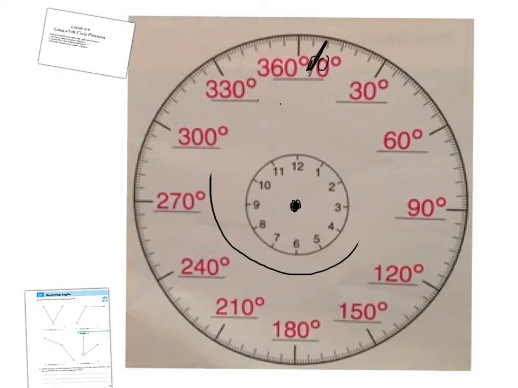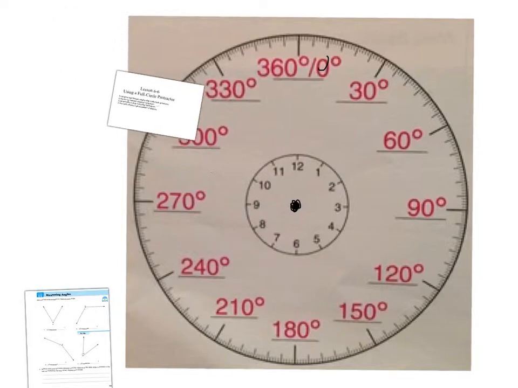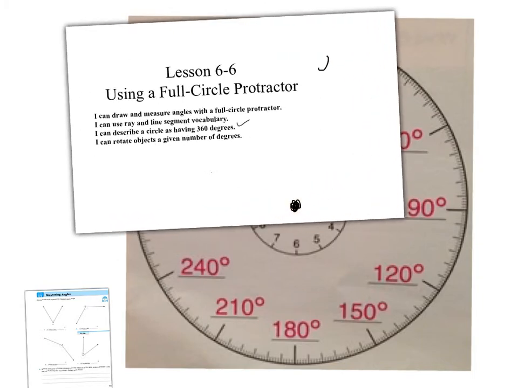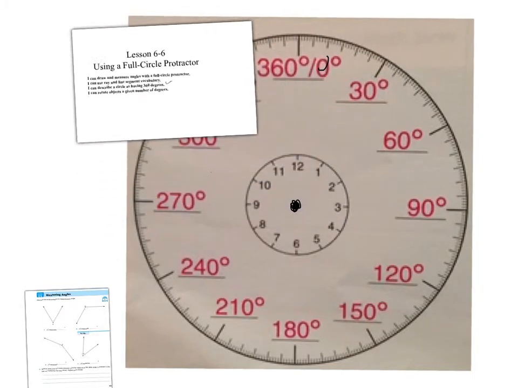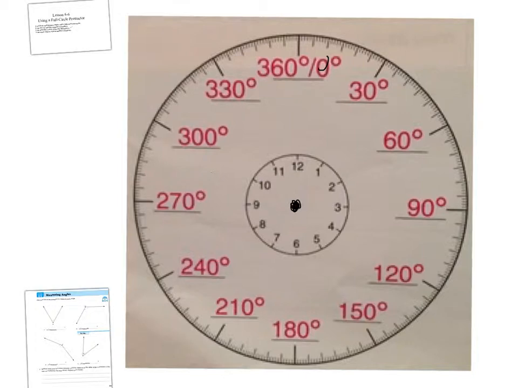Then you take the rays of the angle that you create or you find, and you line them up. It's always good to line it up on the 0, and then the other part of the angle will come off in a different direction.